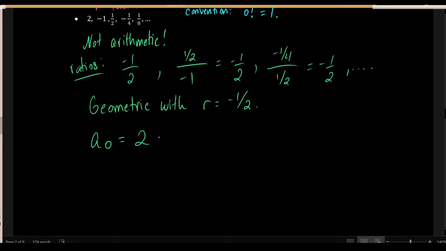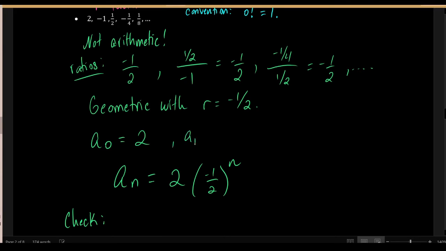Therefore, using the formula, a sub n can be calculated by taking the first number in the sequence and multiplying it by the common ratio n times. Now let's just check. We had a0 equals 2, which means that a1, the next term, would be minus 1. a2, the term after that, would be equal to positive 1/2.